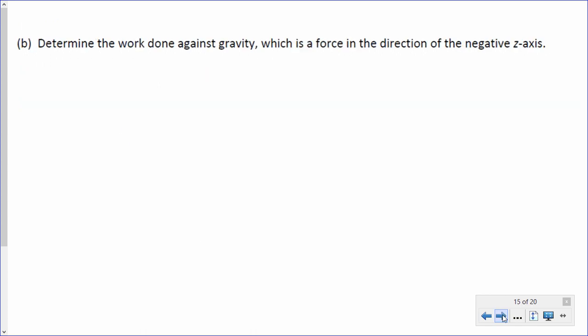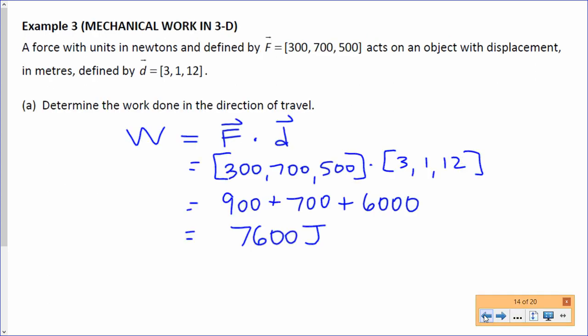Okay. Part B asks you, find the work done against gravity, which is a force in the direction of the negative z-axis. So whatever happened here, if there's multiple forces at work, you could technically break this force down and break the displacement down into its components. If I want just the work done that counteracts gravity, I should be focusing on what part of these two vectors?